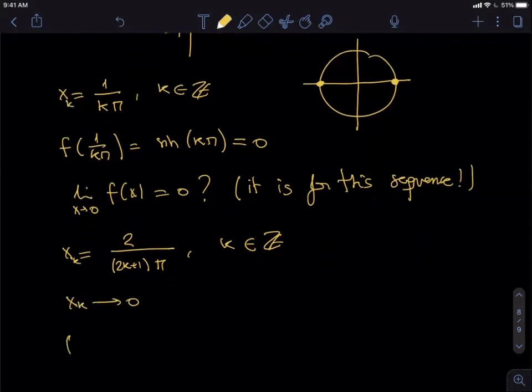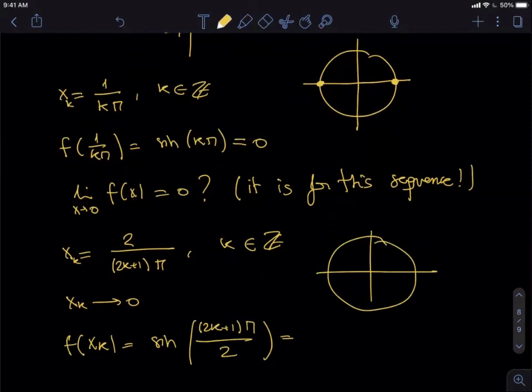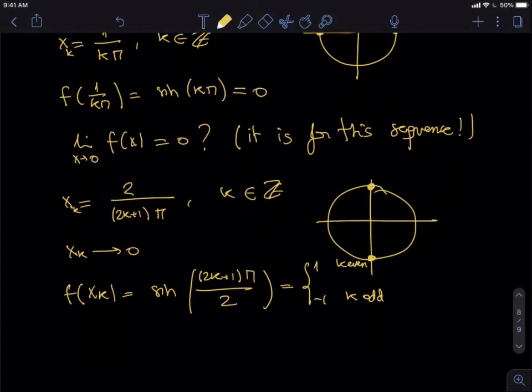And when I apply the function to these values xk, what I get is the sine of (2k plus 1) pi divided by 2, which is either here or here. So it's going to be 1 or negative 1, depending on if k is even or odd. In this case, it's even worse. The limit of f of xk does not exist itself for this sequence.